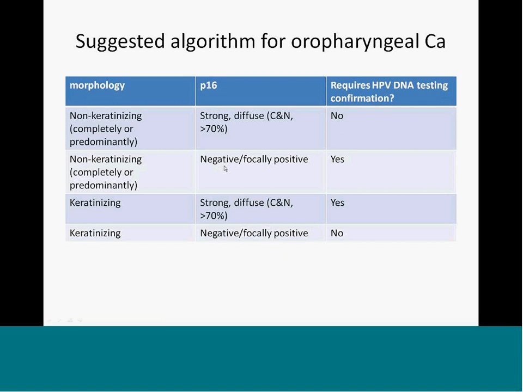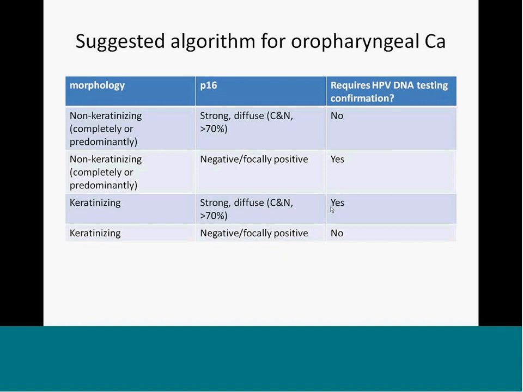If it's negative or focally positive and it's not keratinizing, you should do confirmatory testing. Now, for keratinizing squamous cell carcinomas of the oropharynx, you would also do the P16. If negative, you don't need to go further. But if P16 positive and it's keratinizing, then you should get a confirmatory test.